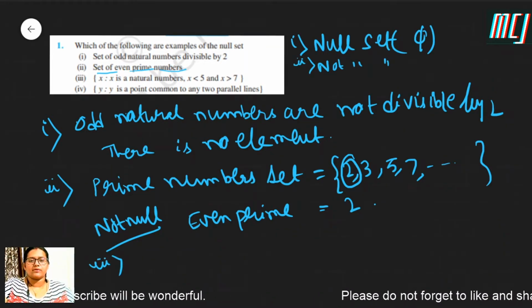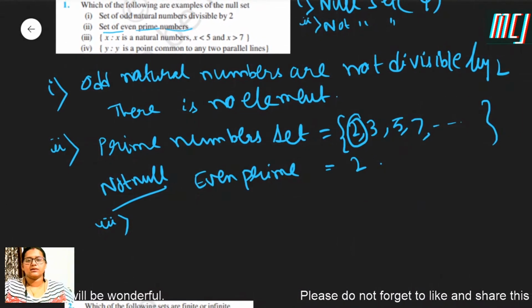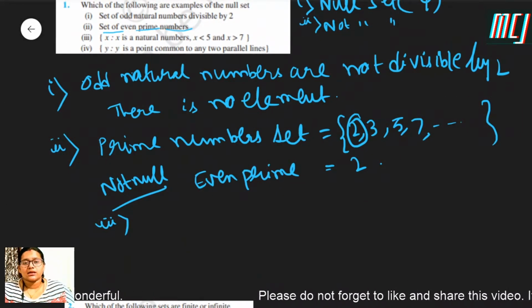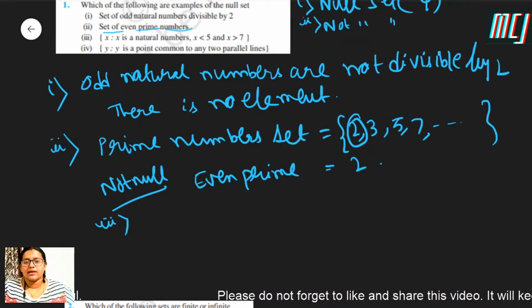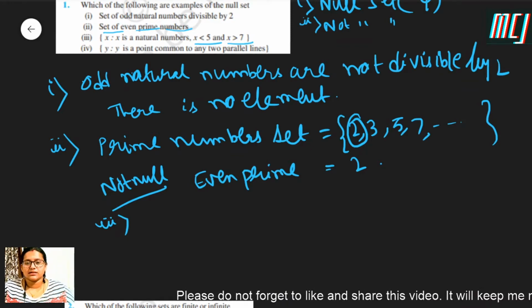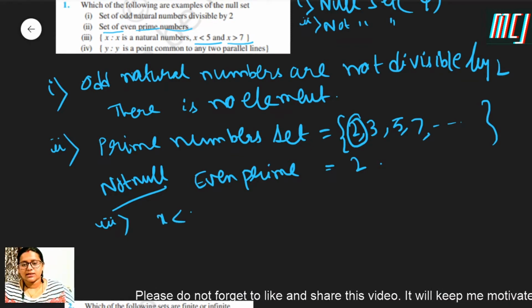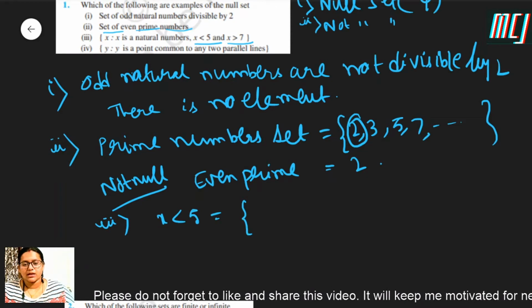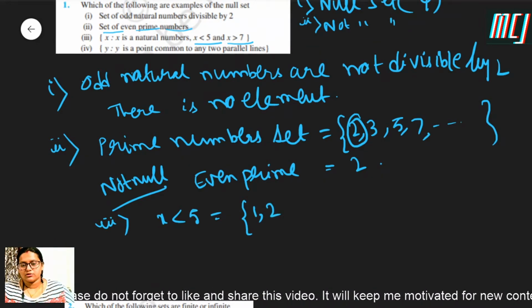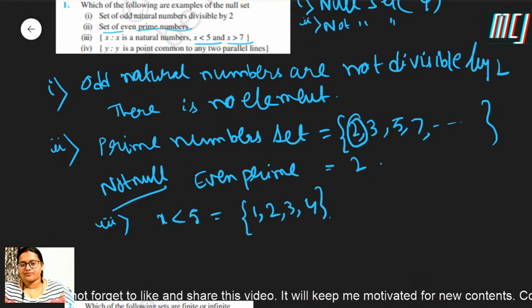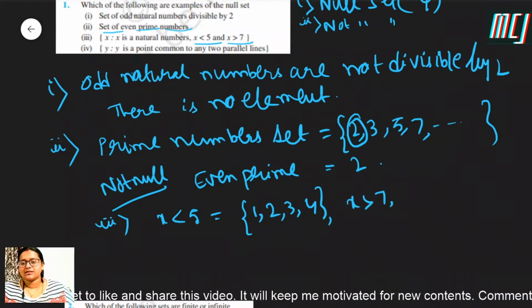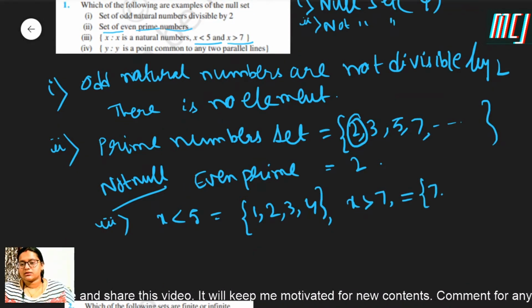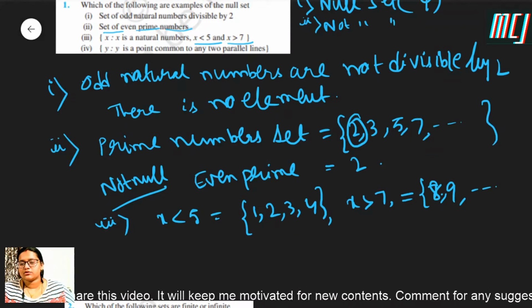In question number 1, part 3, what is it telling here? It says that x is a natural number, x is less than 5 and x is greater than 7. So x less than 5, that means natural numbers starting from 1: 1, 2, 3, 4. And x greater than 7 equals 8, 9 and so on.